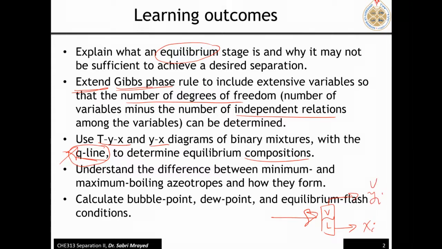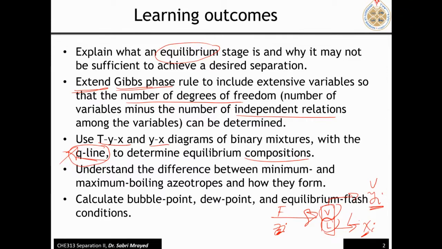Usually this one is V, the vapor at the top, and this is the liquid here, and this is your feed, and this is the composition of the feed. Usually we use Z for the mole fraction of the feed, and we use Y for the mole fraction of the vapor outlet. We use X as the mole fraction of the liquid product. Now we assume the vapor and the liquid are at equilibrium. And this is something we have to be careful about when we solve problems in real life.